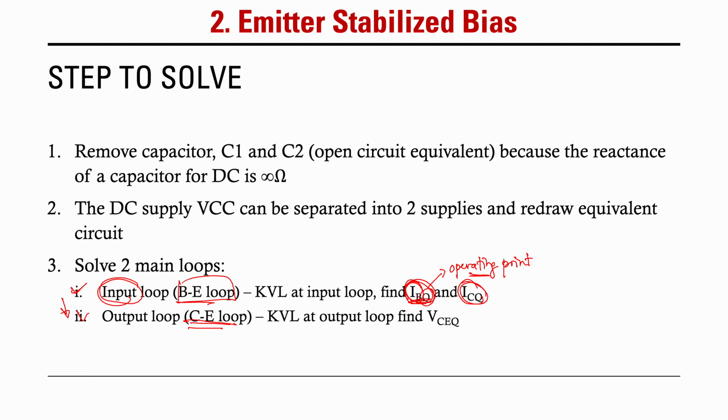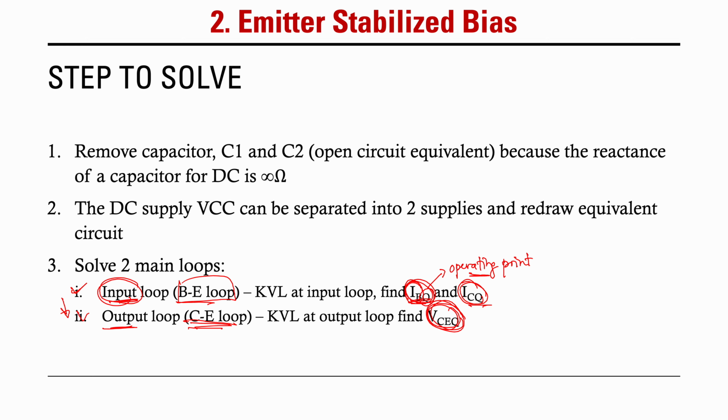Remember, our base is like a gate. It controls your transistor, so of course we need to start with the input, then proceed to the output. The output loop is the CE loop. At the CE loop, you can determine the VCEQ. You cannot determine the VCEQ without first determining the value of the collector current.